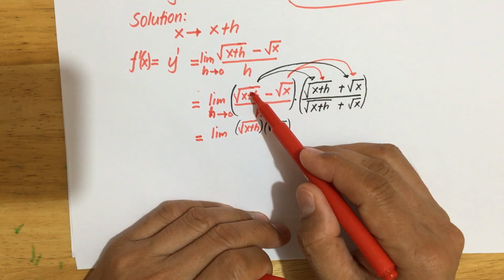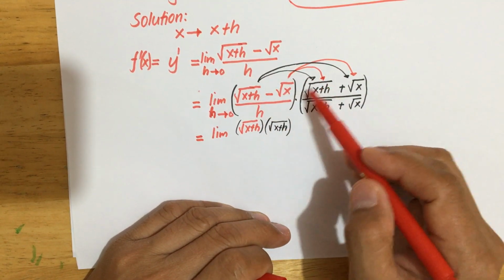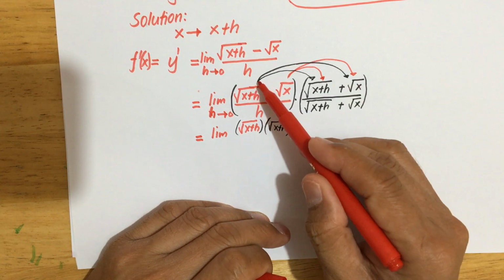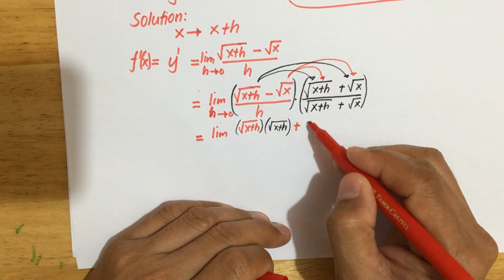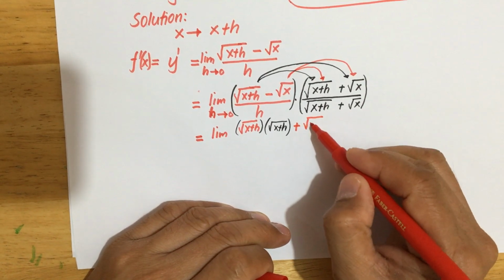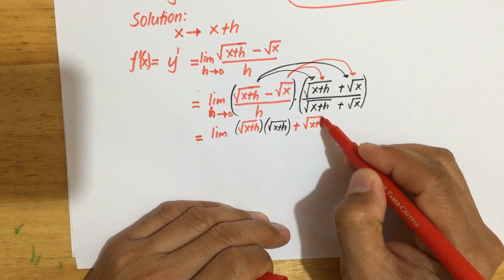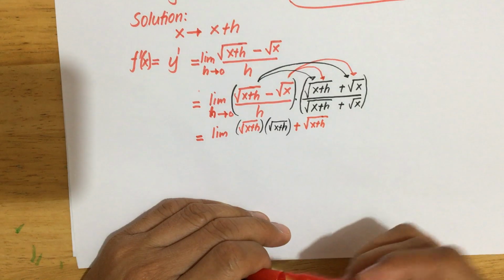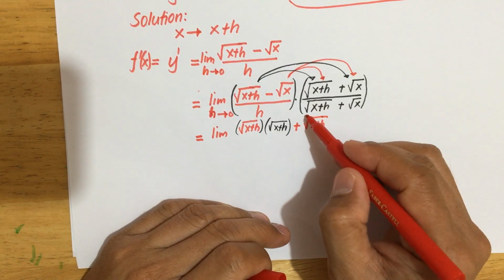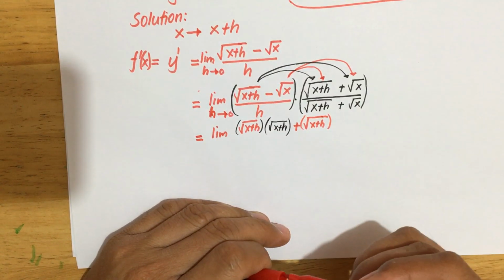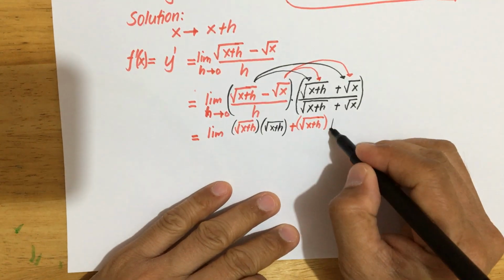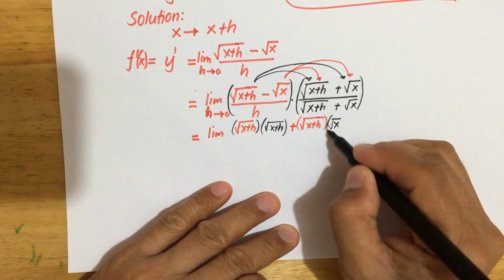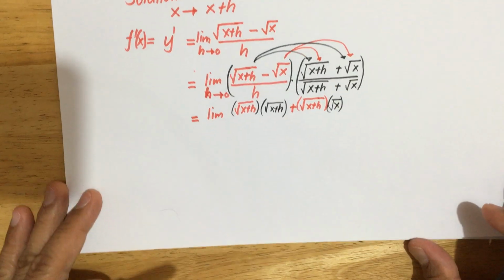First multiply the first term with this, okay, we have it. Next is this one, so we have plus square root of x plus h, and this is being multiplied with square root of x, right?